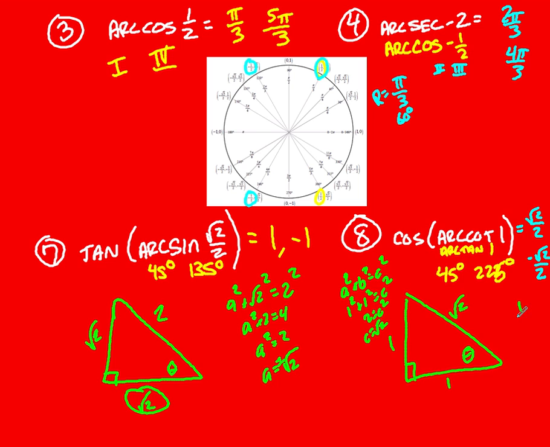So my answer should be 1 over the square root of 2. That's the same as saying the square root of 2 over 2. And again, plus or minus, because when I take a square root, it should technically be plus or minus. So plus or minus root 2 over 2 as your possible answer. So whether you like doing it with the triangle or using the unit circle ideas, either way works just fine for doing these inverse trig functions.